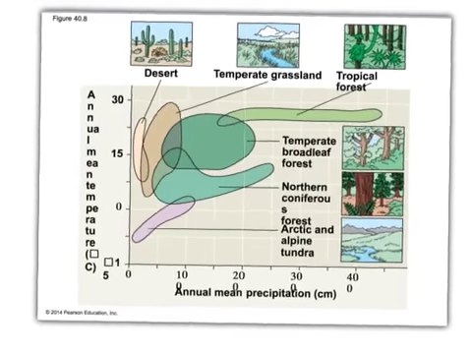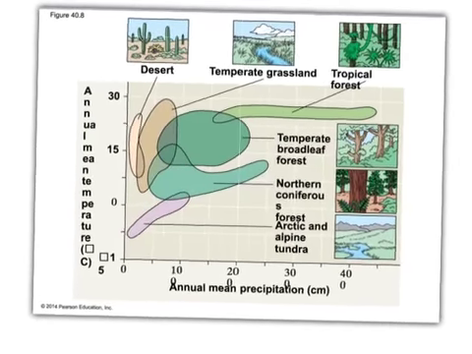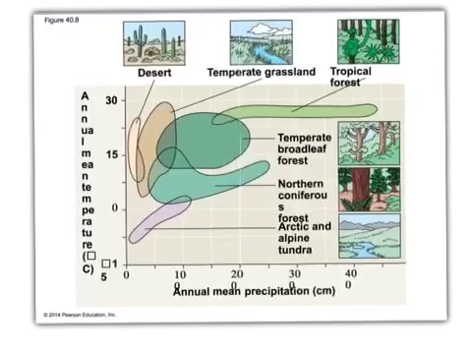So you can look at there and see six different biomes that are plotted. Your annual mean temperature is on the y-axis and annual mean precipitation on the x-axis.